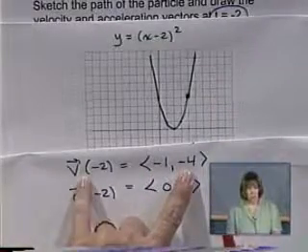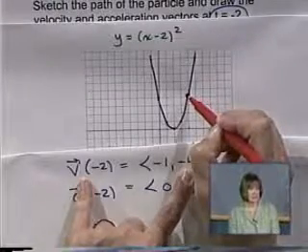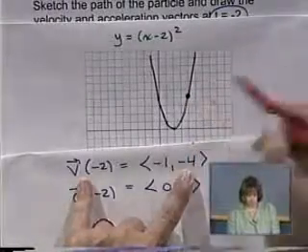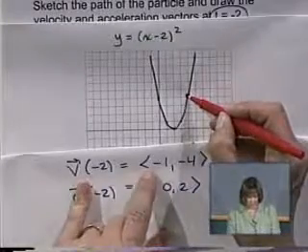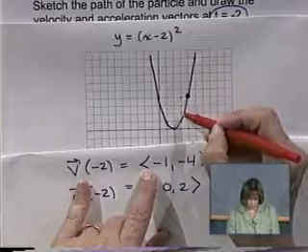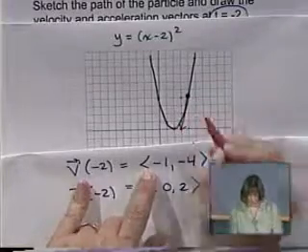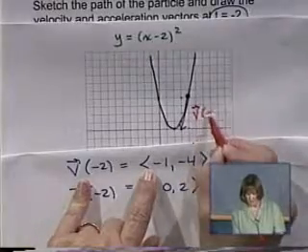I want to draw that velocity vector at the point where the particle is at t equals negative 2. So to draw that vector, I'm going to start here, but I'm giving an x component of negative 1 and a y component of negative 4. 1, 2, 3, 4. And this is v of negative 2.